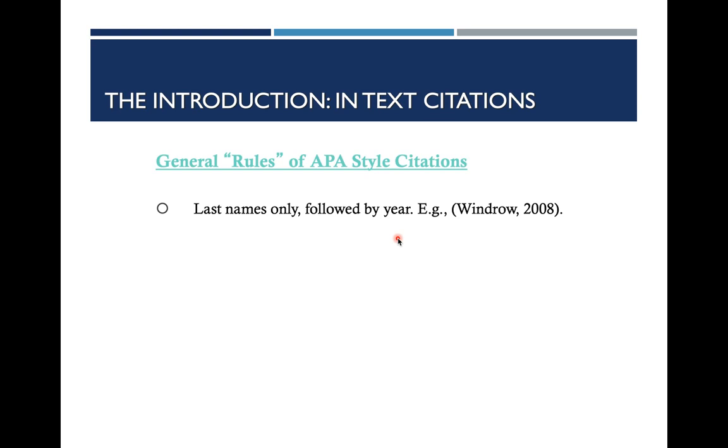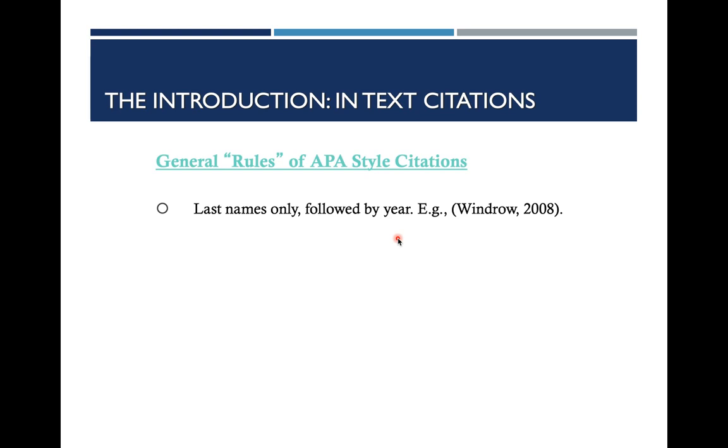So this author did an experiment on sleep and memory, perhaps, and published it in 2008. I'm summarizing their findings for my own purposes in my paper. But I didn't do the experiment that found that a good night of sleep leads to accurate memory. Windrow did in 2008. So even though it's my words, I'm not quoting Windrow, I'm summarizing Windrow.